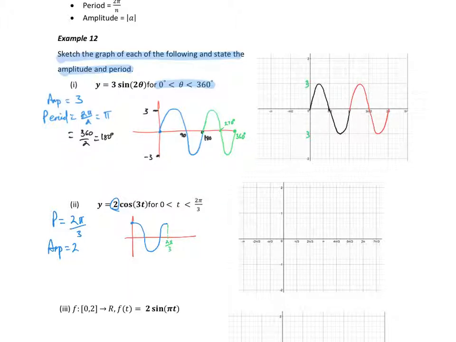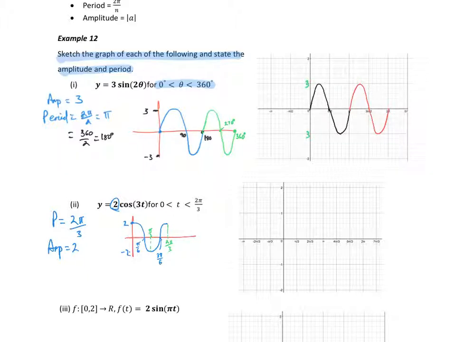A half of that is pi on 3, then pi on 6, 2 pi on 6, and that one there must be 3 pi on 6. That's up at +2, and that's at -2. So that's all you need to have in your books.